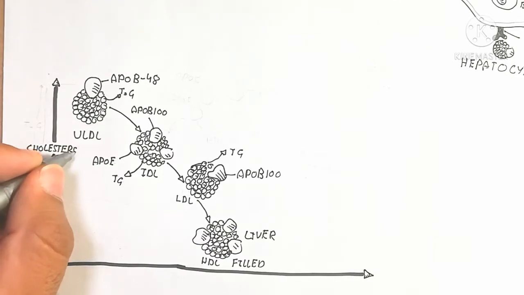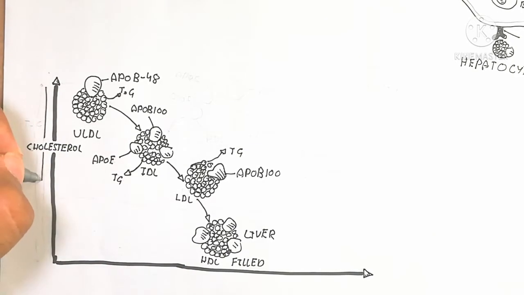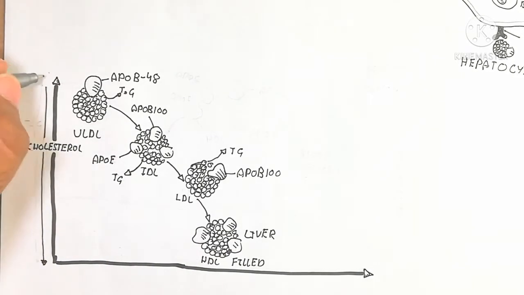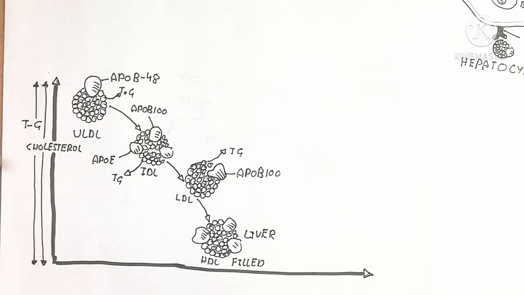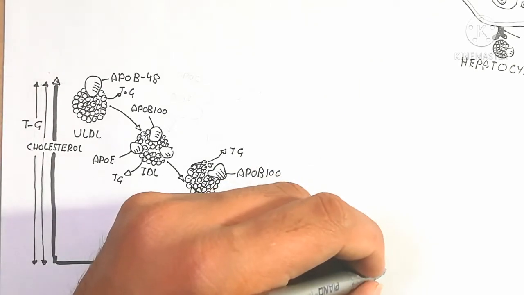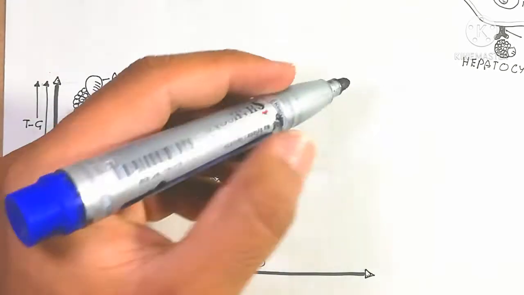IDL means intermediate density lipoprotein. So here the cholesterol will decrease downside, and the triglyceride will decrease upside. It means the very low density lipoprotein contains more triglyceride but less cholesterol.